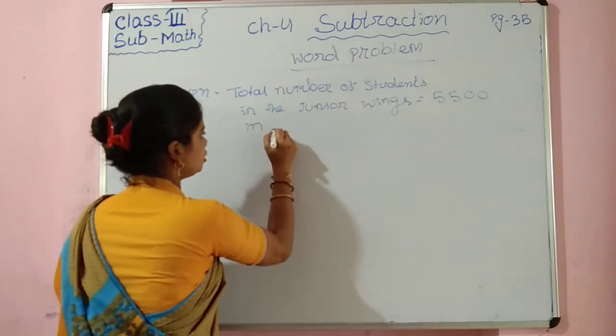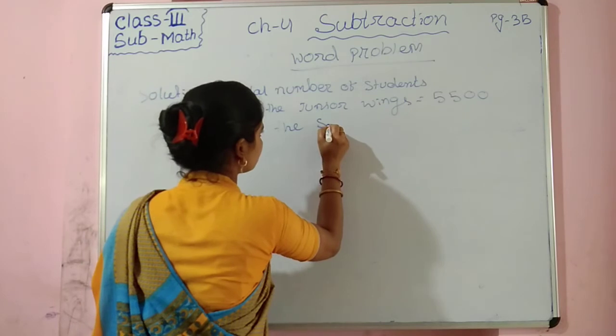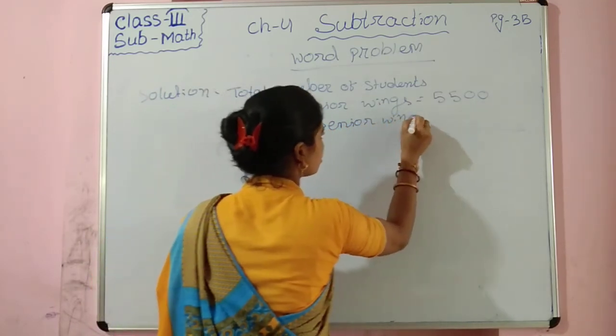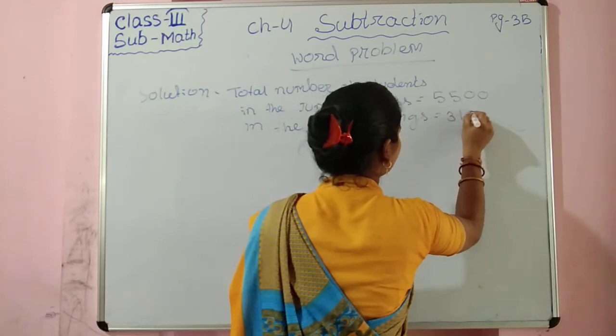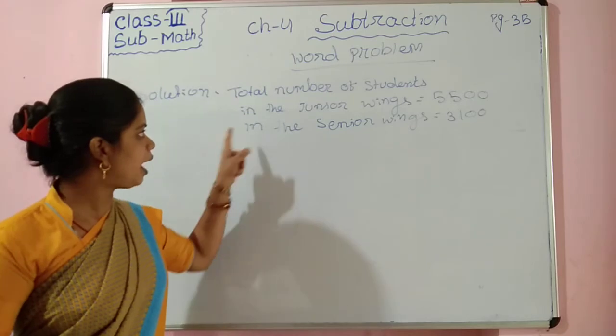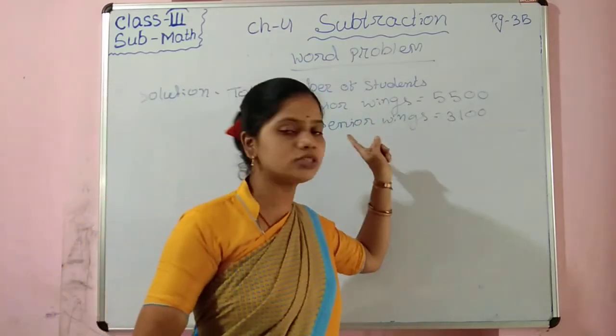In the senior wing, 3,100. Our question is how many more children are in the junior wing than the senior wing?